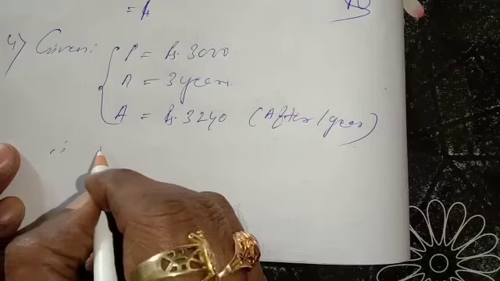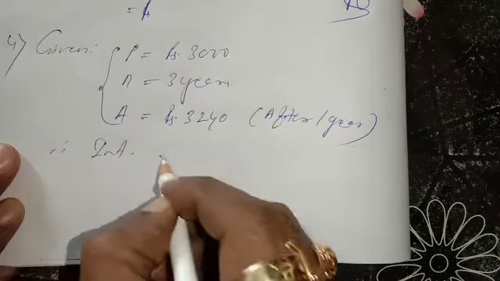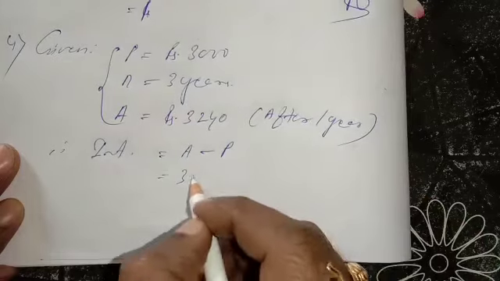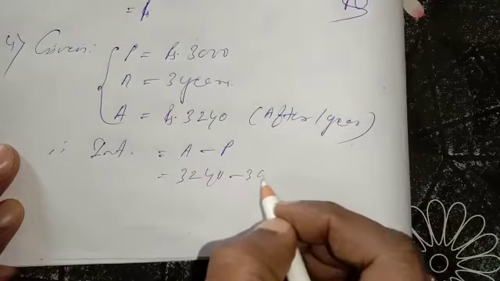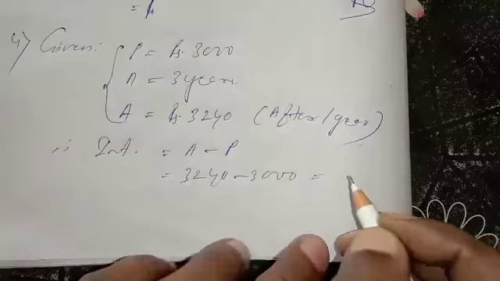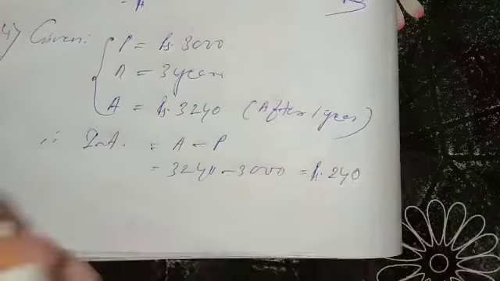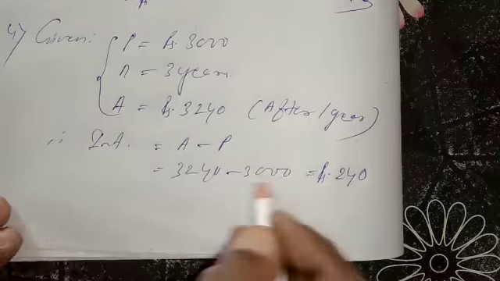Therefore interest will be how much? Interest will be amount minus principal. As time is given 1 year, that is 3240 minus 3000. It is coming rupees 240. This is the interest for 1 year.